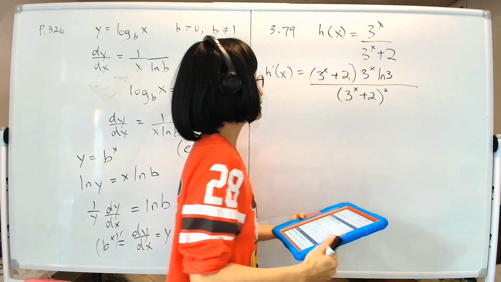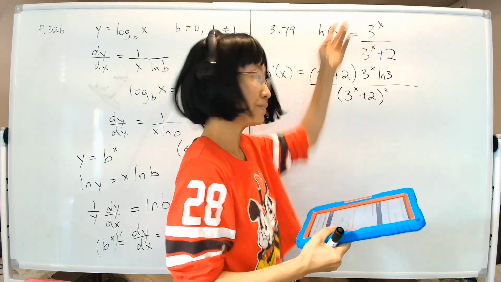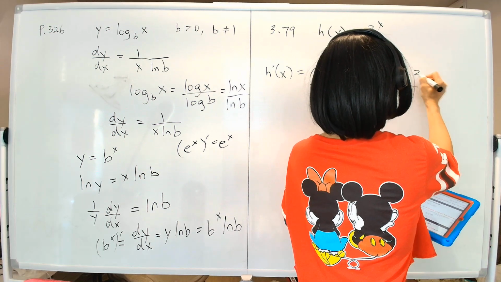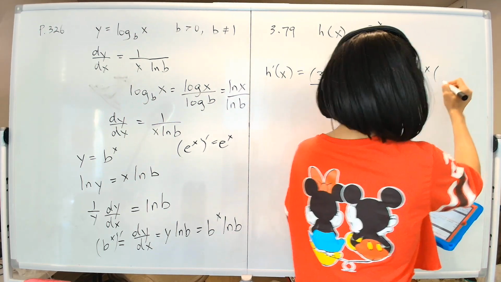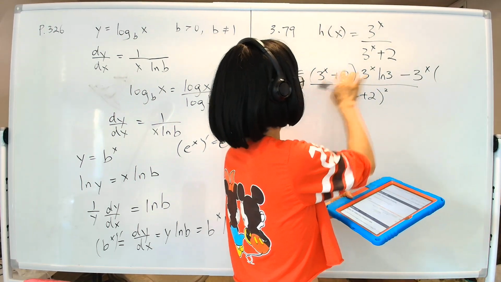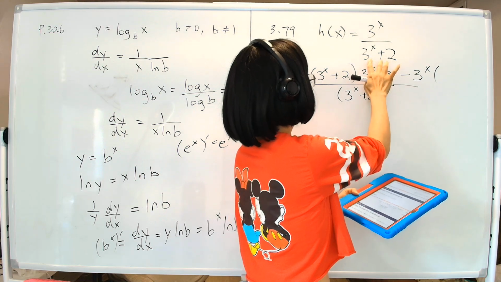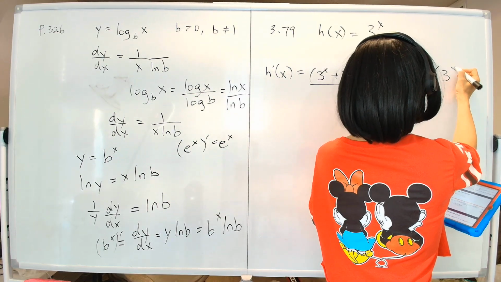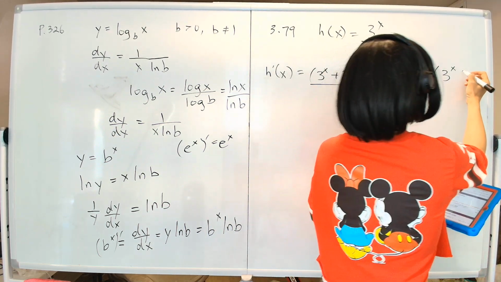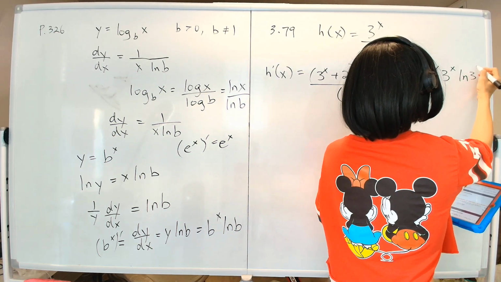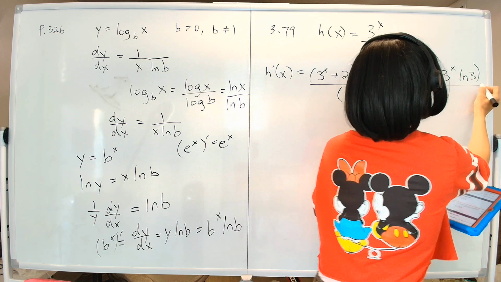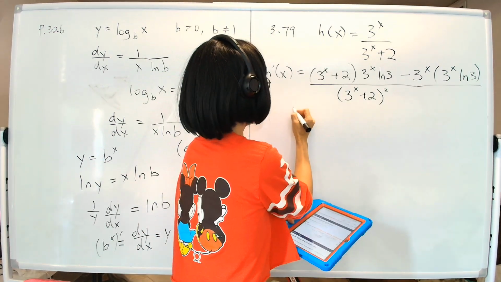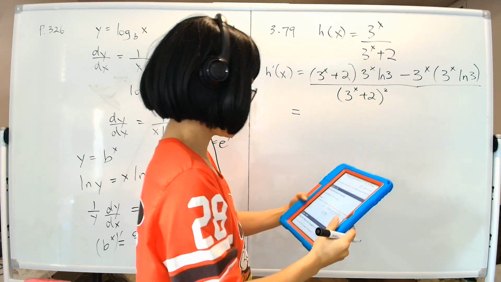This is bottom times the derivative of the top, and then minus the top times the derivative of the bottom. This bottom, not that bottom. The derivative of the bottom is again 3 to the x, the item itself, times the natural log of the number, if the number is not e. That's basically it. From this point on, we'll have to do algebra cleanup.